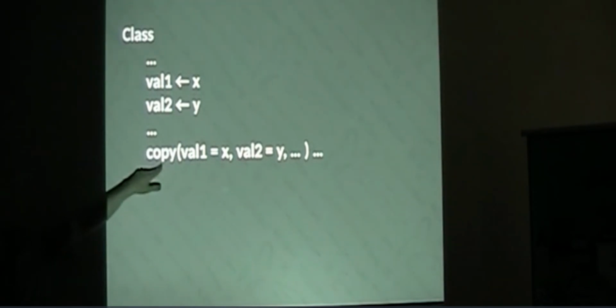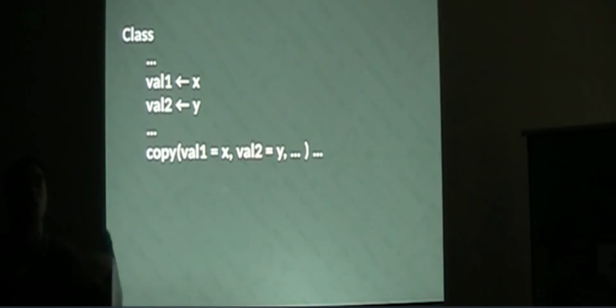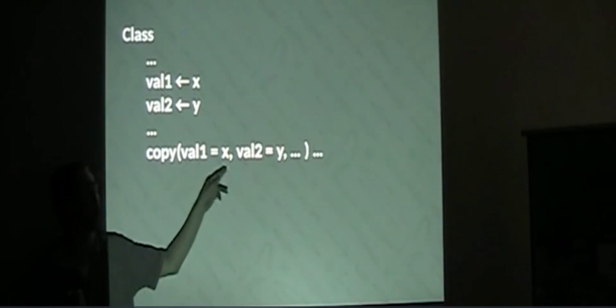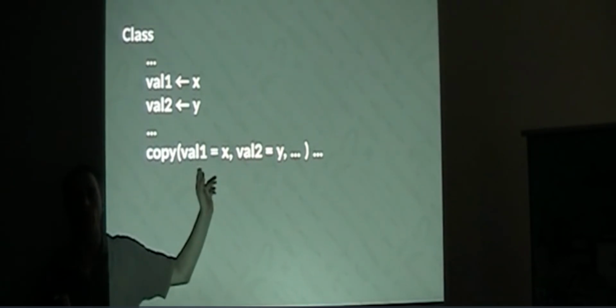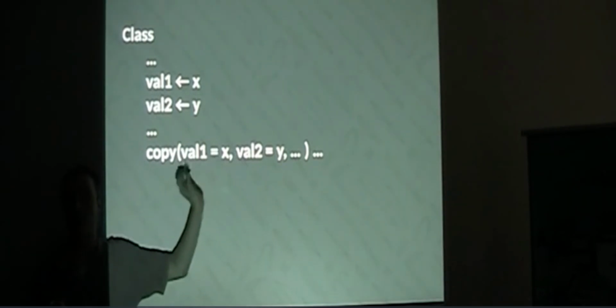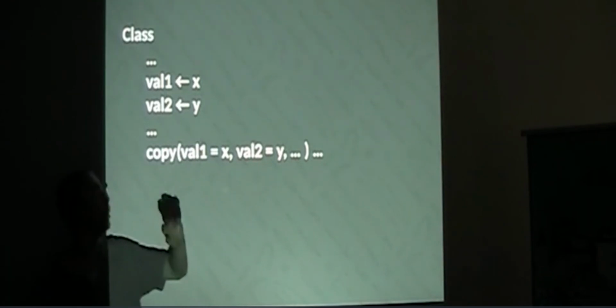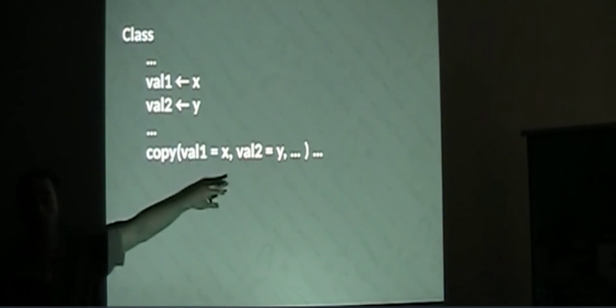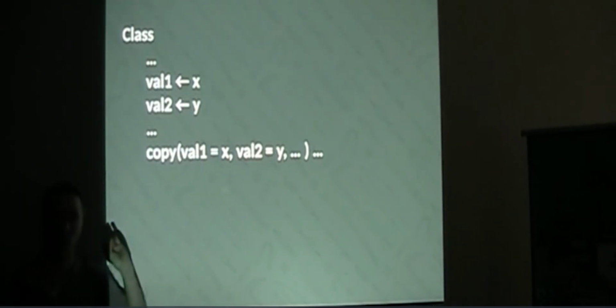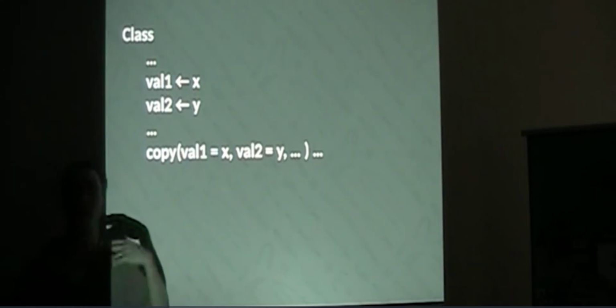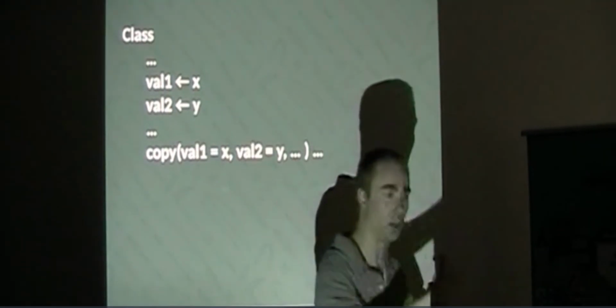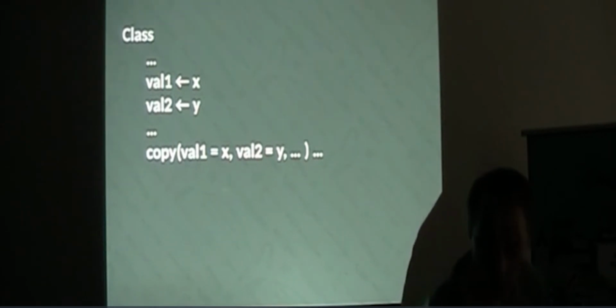So if you call copy without passing any arguments, it will just return a new object that has identical information. But you can also make changes really easily by just specifying the member values you want to change and saying equal: I want this parameter corresponding to that member value to be equal to this value instead. It makes it very easy to create new objects with certain changes.